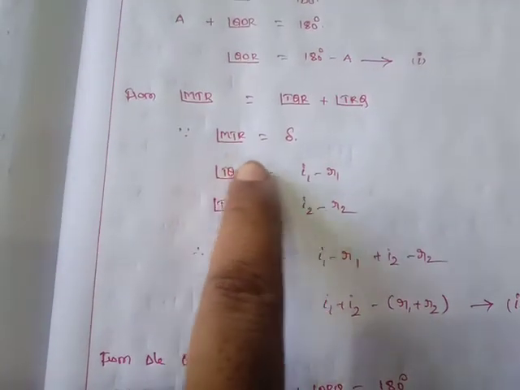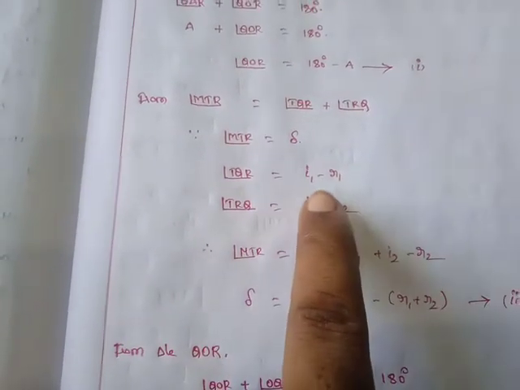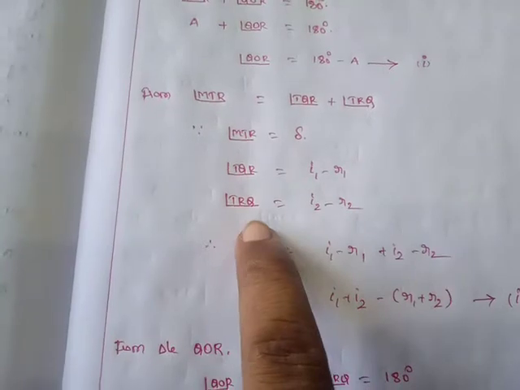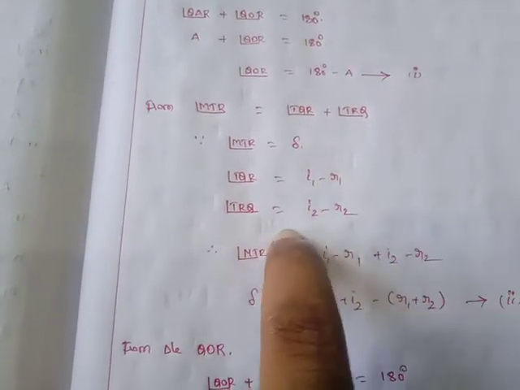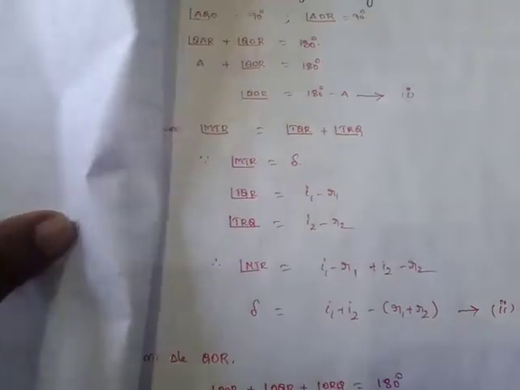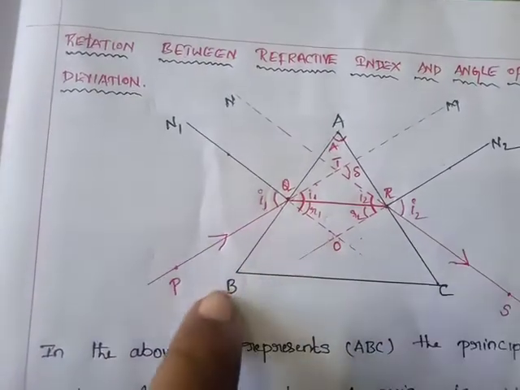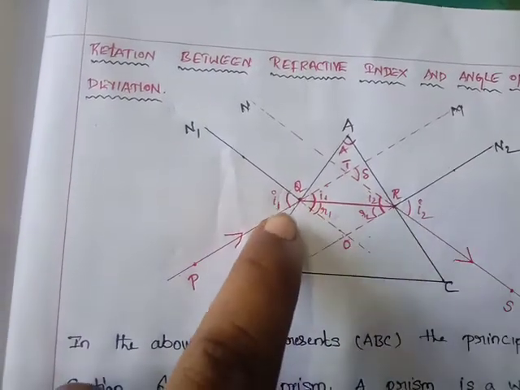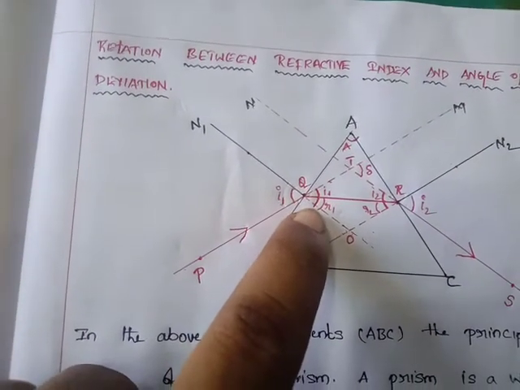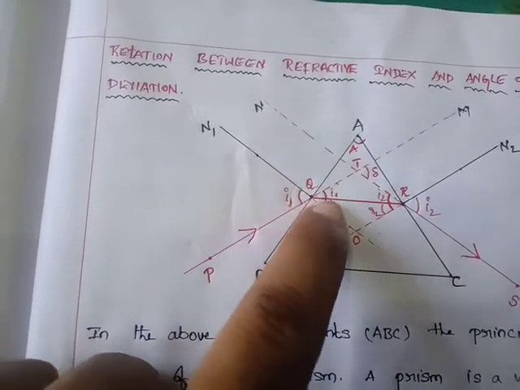Therefore, angle MTR is equal to delta, angle TQR is equal to I1 minus R1 and TRQ is equal to I2 minus R2. How do I1 minus R1 and I2 minus R2 come? See here, this entire angle N1QP is equal to I1. Now TQO is also R1. Now we want to represent TQR, that means this angle.